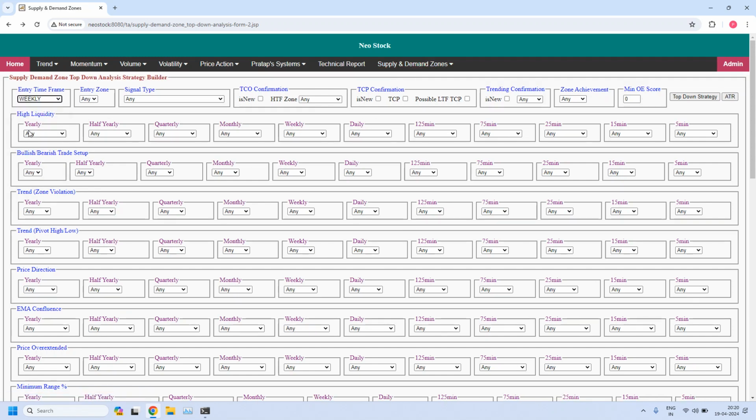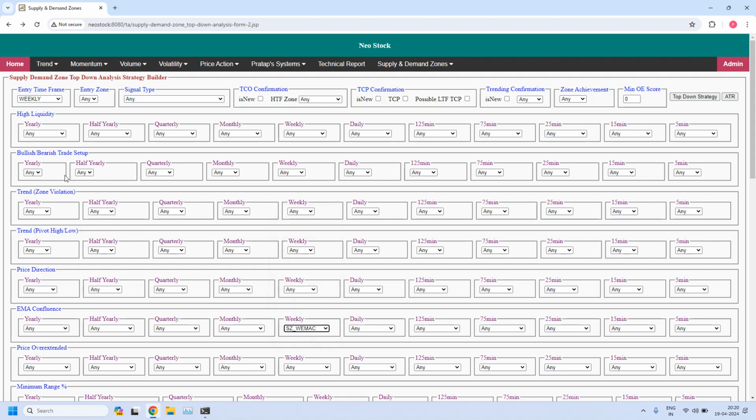Entry time frame is weekly, and EMA Confluence in the weekly time frame. The option we are selecting is supply zone having weekly EMA Confluence. Earlier we selected demand zone. Now we are selecting supply zone with weekly EMA Confluence.